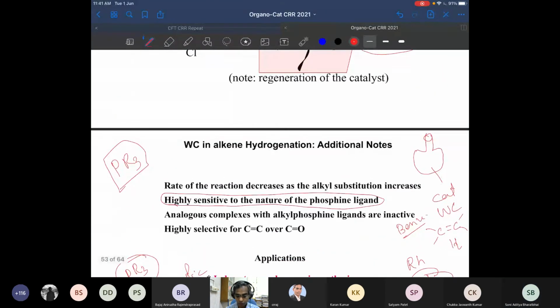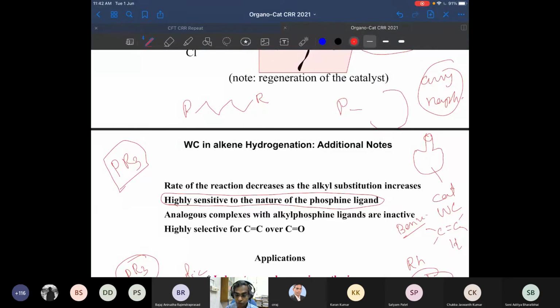Say for example, I have an alkyl phosphorus, here I have R. Or I have a bulky group in the place of it, aryl or naphthyl or any other aromatic.